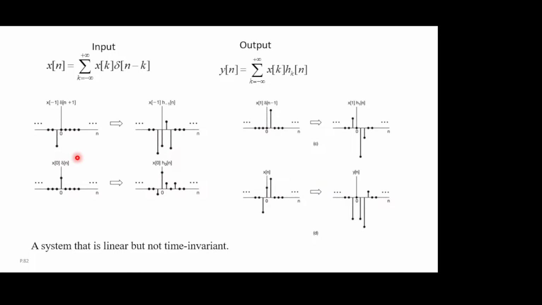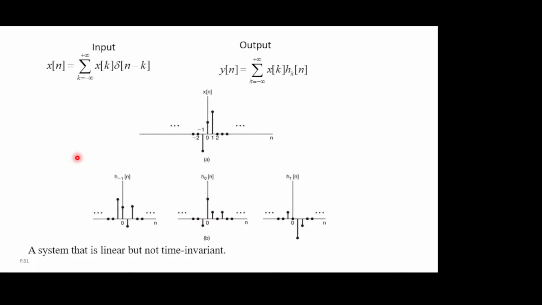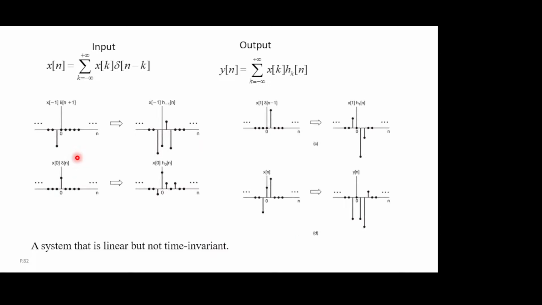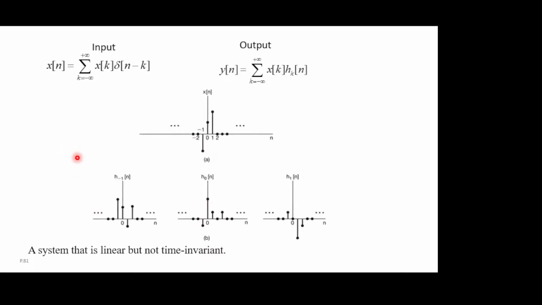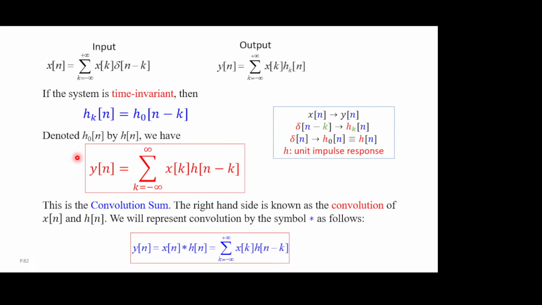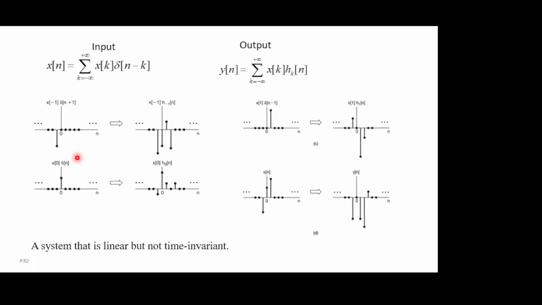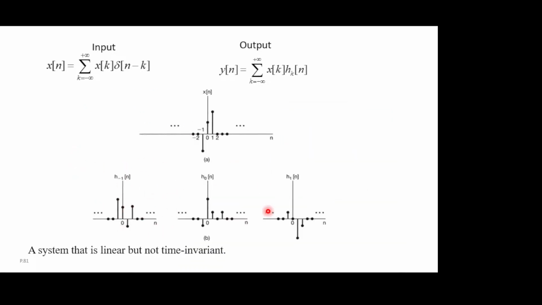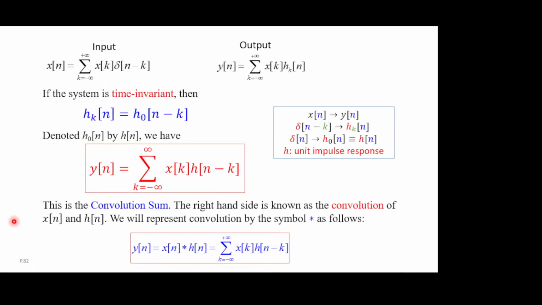So this is a system that's linear, but it's not quite time invariant. If it were time invariant, then it's even easier than this. Here we have these three h that are quite arbitrary, but if your system is time invariant, they cannot be so arbitrary.